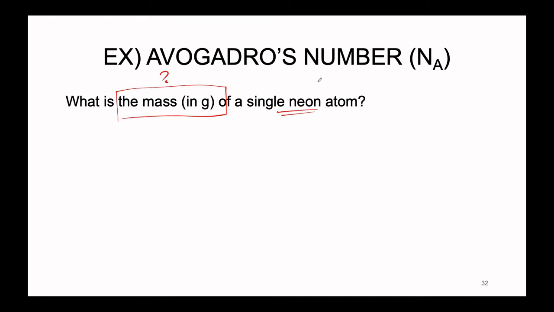Just like before, we're going to start with what we know. A single neon atom means that we are starting with one neon atom. We are going to convert the unit of the atom into the unit of the mole using Avogadro's number. It's just going to be presented in the inverse way compared to the previous problem.